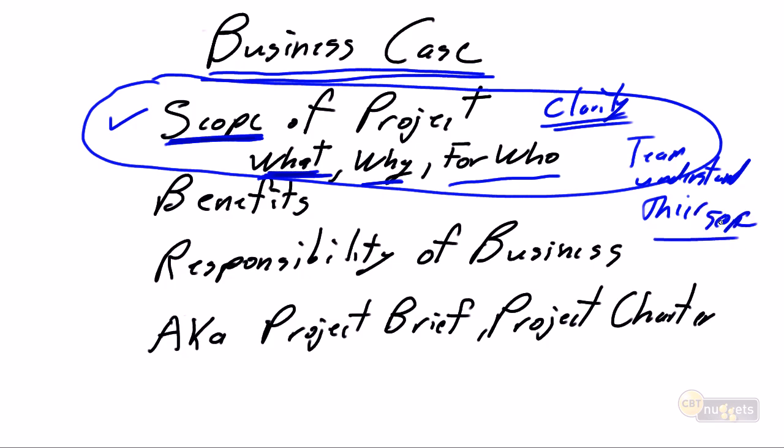Now, the part of the business case that we spent so much time on in this Nugget series to date is the benefit statement. Not so much the why. The why is more the words. We need this so that we have a better understanding of where the inventory is. But the benefits, this is the justification.